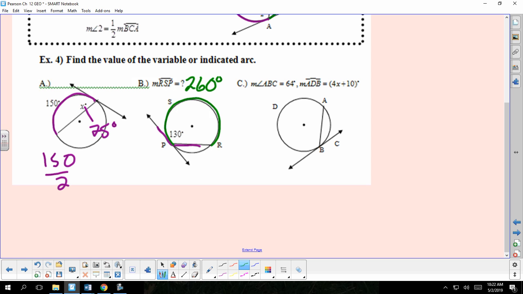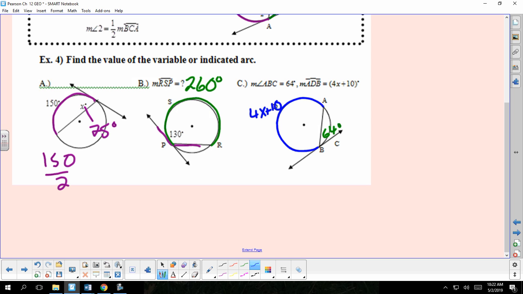So angle ABC is 64. ADB is 4x plus 10. We want to solve for x in this equation.